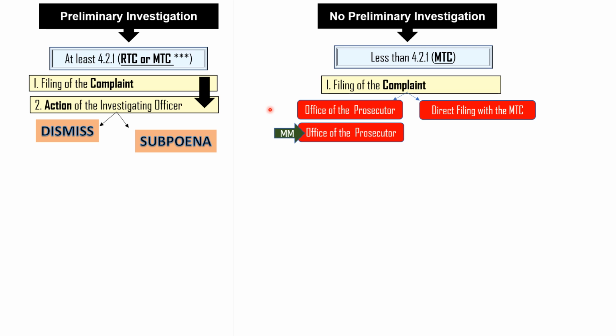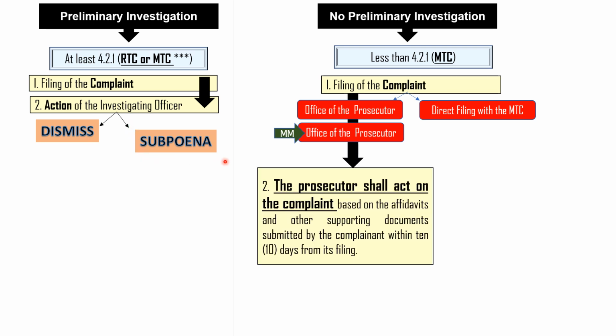You filed your complaint with the Office of the Prosecutor. What is the next step, or what is the next procedure? Is it the same? The investigating officer will dismiss or will issue a subpoena? Answer is no, because here, if a case does not require a PI, the prosecutor shall act immediately on the complaint, either dismiss or prepare the information.